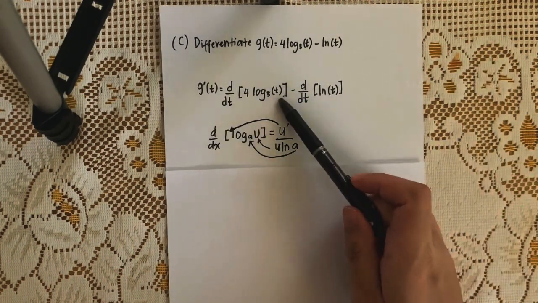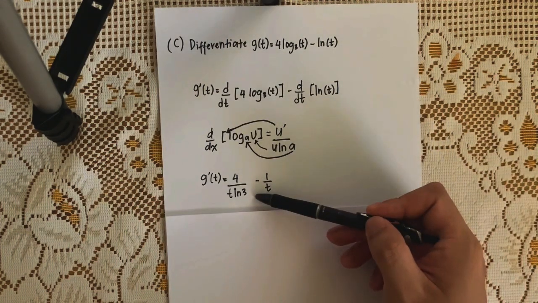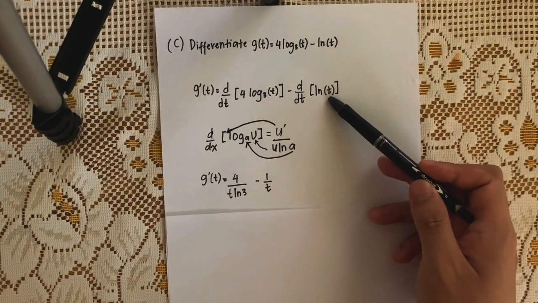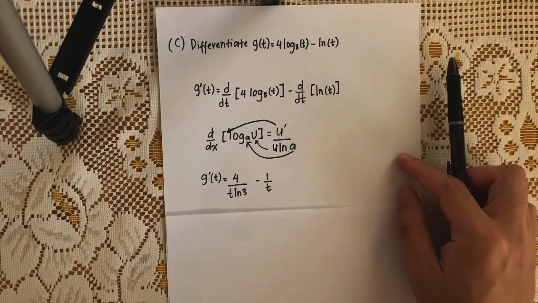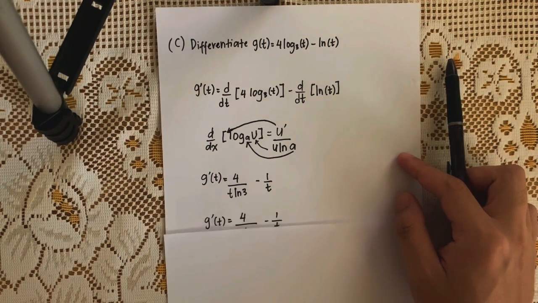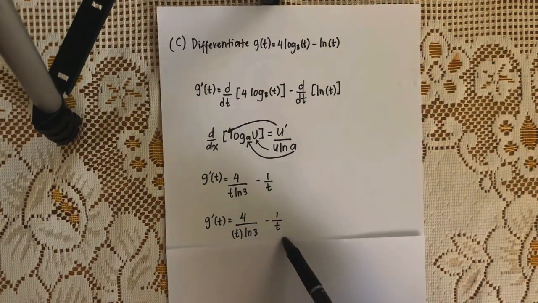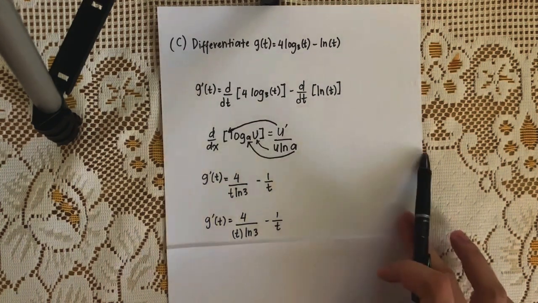So we apply it here, and then we get 4 over t natural log of 3 minus, when we differentiate natural log of t, it becomes 1 over t. As I mentioned earlier, differentiating natural log of x becomes 1 over x. So we rearrange it a little bit, and then we get the final answer. g prime (t) equals 4 over t ln 3 minus 1 over t. That's all.